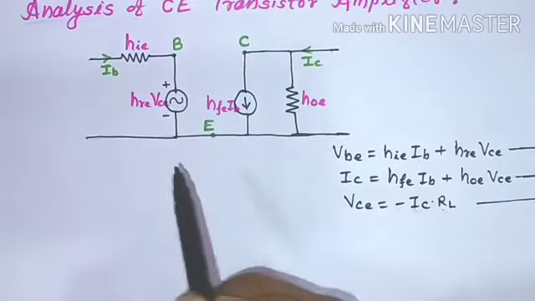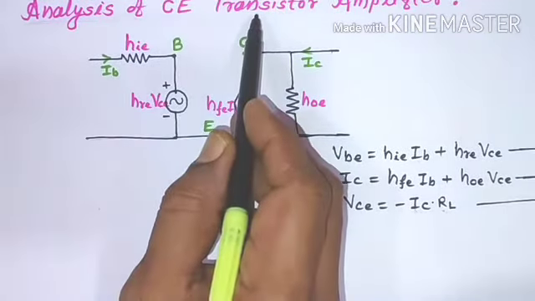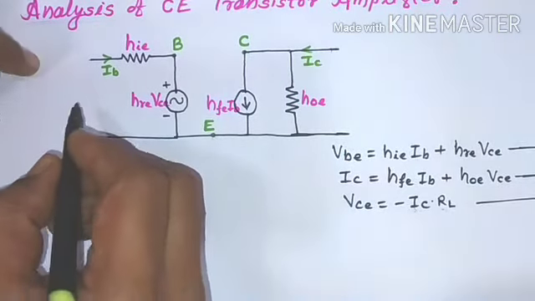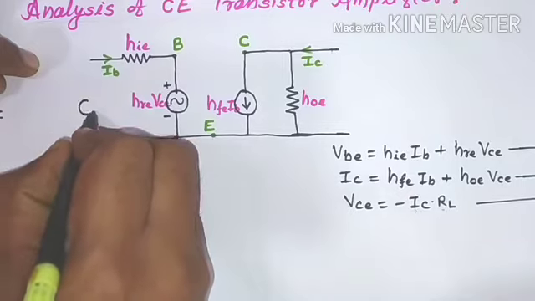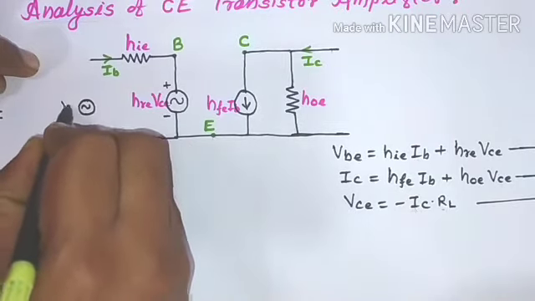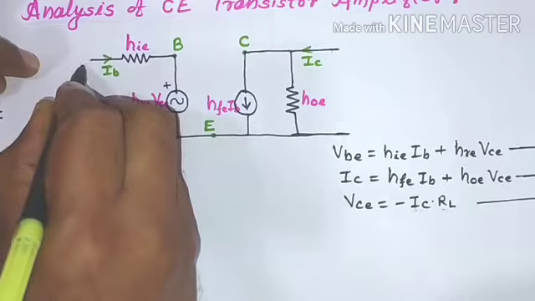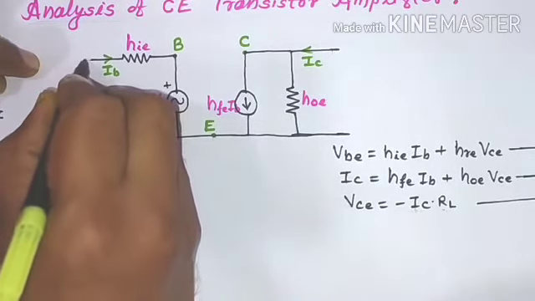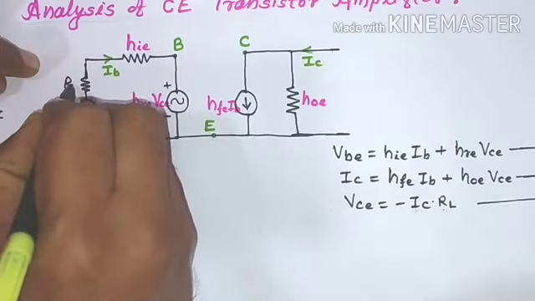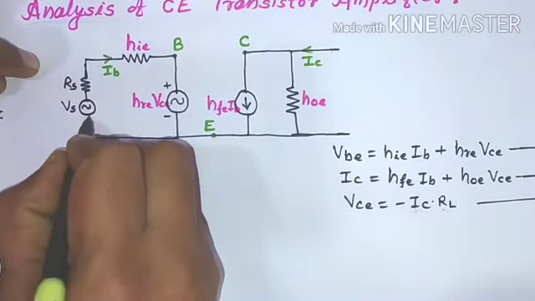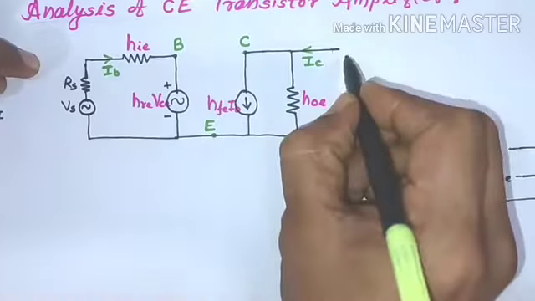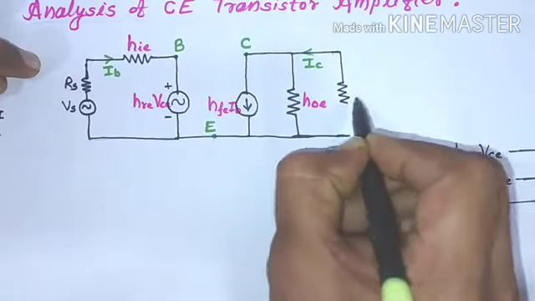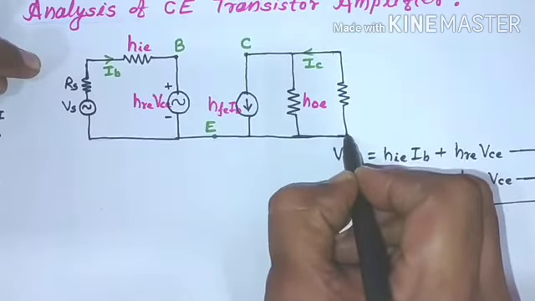In order to use this CE transistor as an amplifier, we have to connect one voltage source, Vs, the input voltage source, and one resistance in series with it, the source resistance Rs. Similarly at the output, we connect a load resistance, RL.